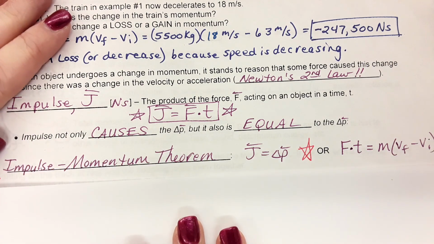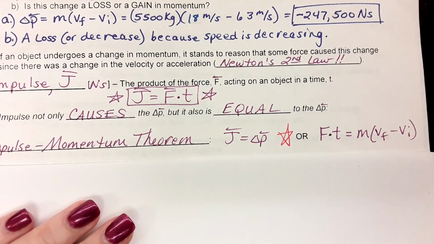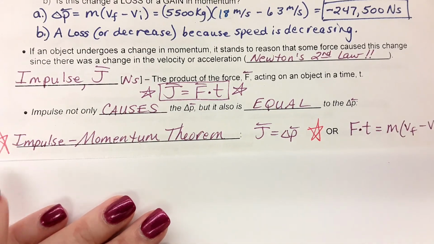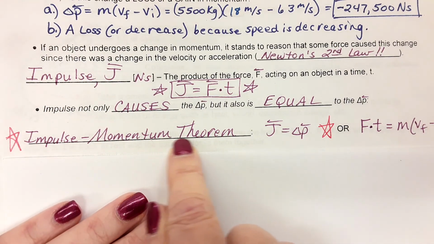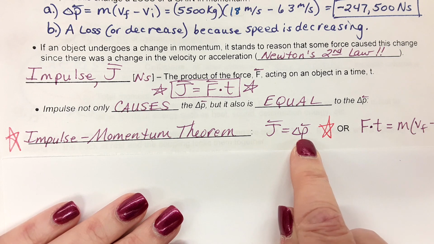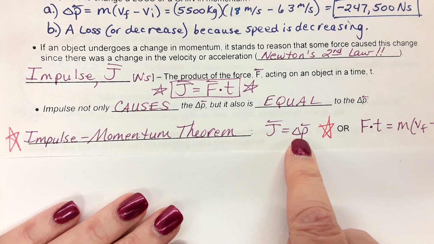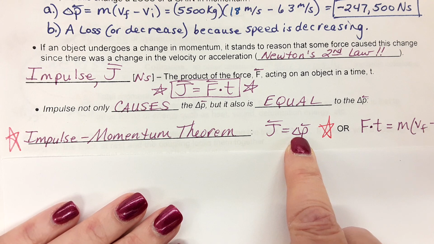So, we call this idea the impulse momentum theorem. Okay, let me show you this side first, and then I'll slide it over. The impulse momentum theorem. It says that the impulse J equals the change in momentum. It causes the change in momentum to occur, and it's equal to the change in momentum.